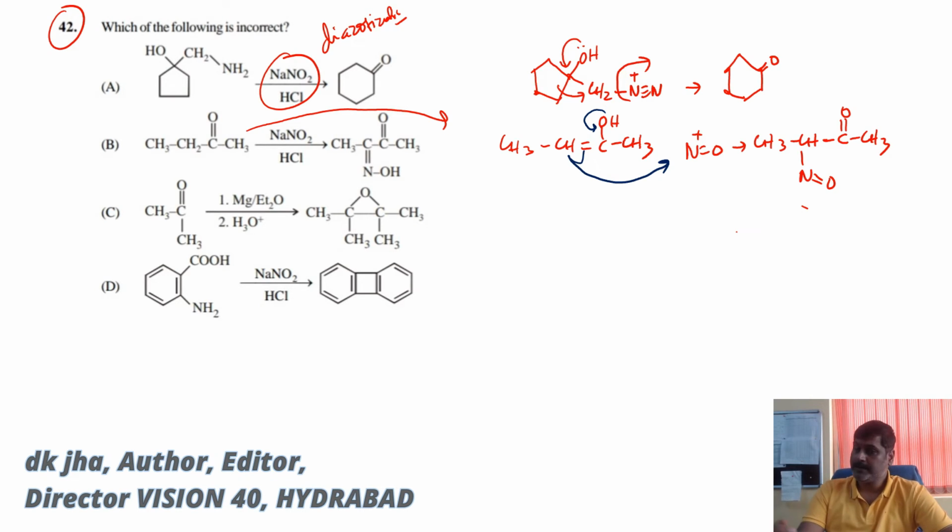NO is there, in its alpha place there is hydrogen, so this is the best for tautomerization, and tautomerization takes place here. This hydrogen is lost, and then this will come over this, and so the final product you will find here, CH3C double bond N and OH, and C double bond OCH3, right? Exactly correct. Fine. So this is also correct.